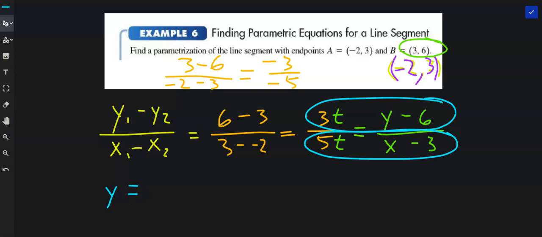What does your y equation equal? 3t plus 6. Yay, there's your y equation.